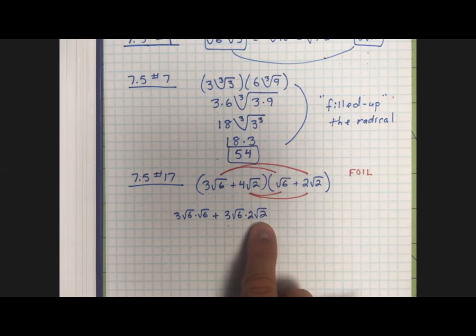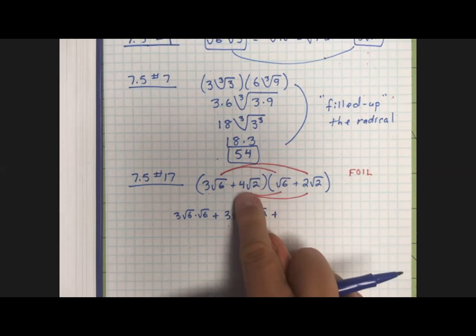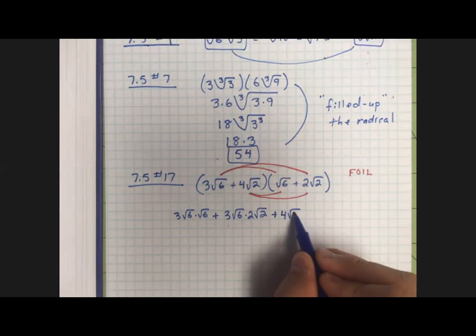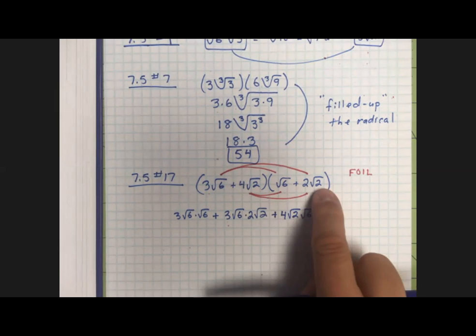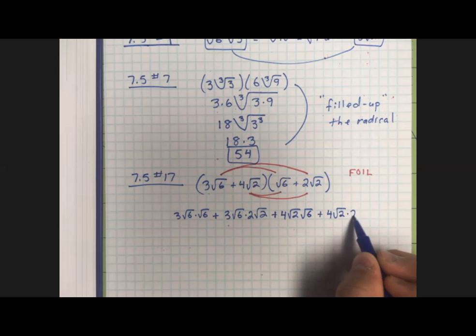The people inside the roots belong multiplied together. Root 6 times root 2 is root 12. And the inside pieces, 4 root 2 times root 6. And the last piece times the last piece is 4 root 2 times 2 root 2.